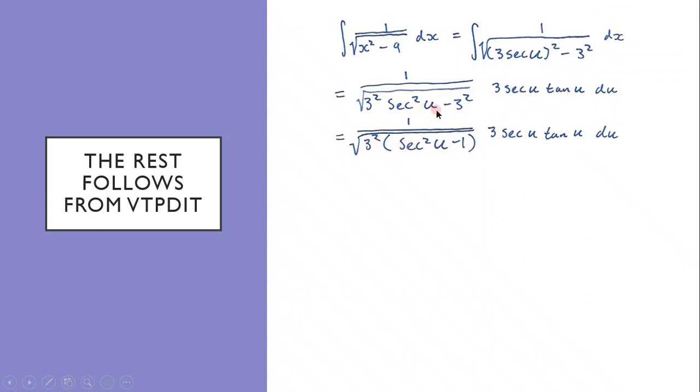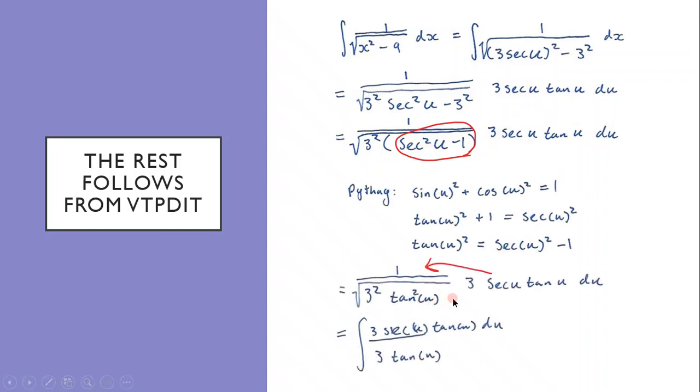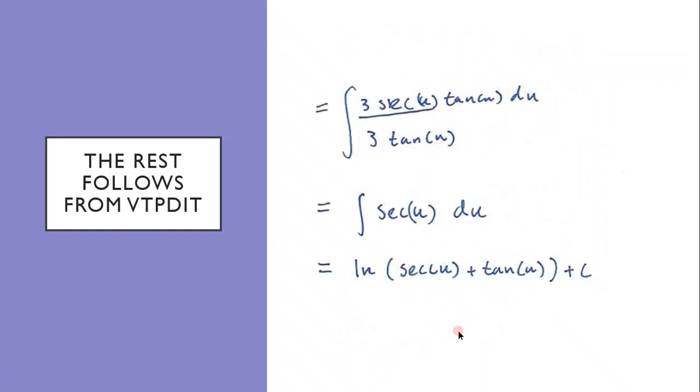And then you take out the 3 squared, so you factorize it, and then you find out what sec squared of u minus 1 is, which is just using the Pythagorean identity, and you find out that it's tan squared of u. And a good habit, when you've got a long denominator and a long string of something you're multiplying with, is to put it on top of the denominator so you don't get confused in your test or exams. So you can just cross it off like this, and it's much more reliable.